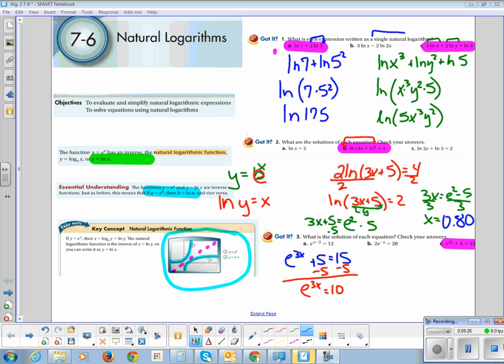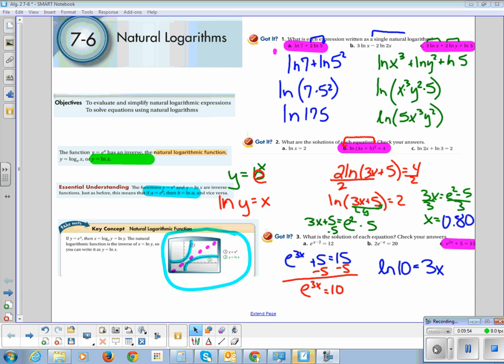So I'm going to go ln of my answer equals 3x. And then when I'm in this scenario, how do I solve for x? All right, so I want to get rid of this 3 times.